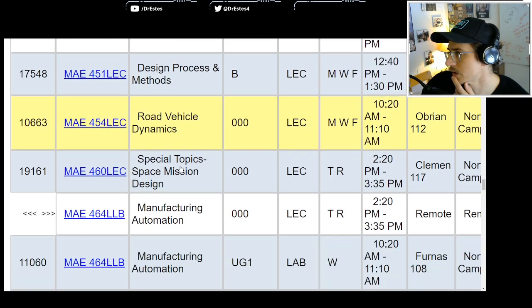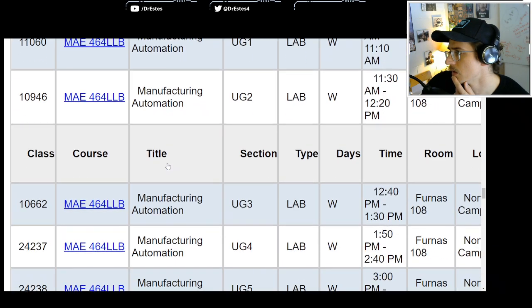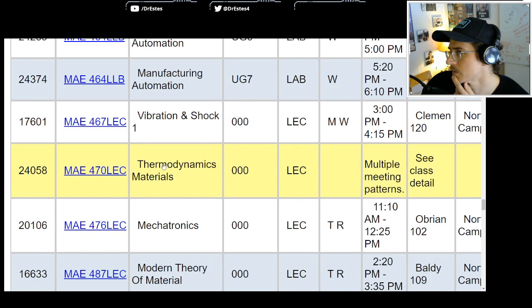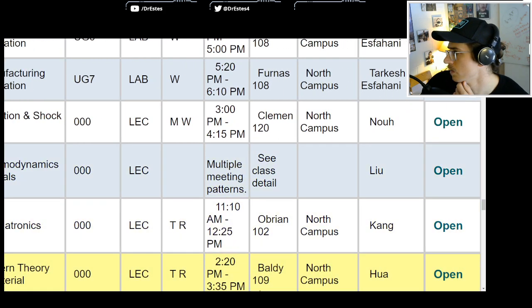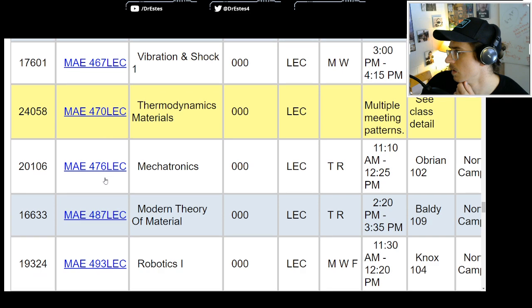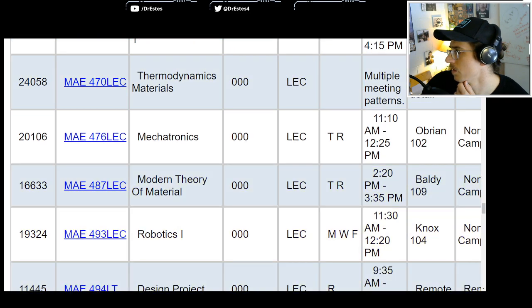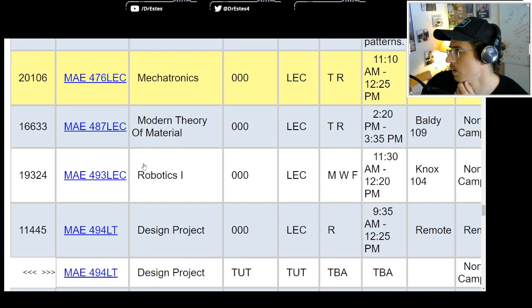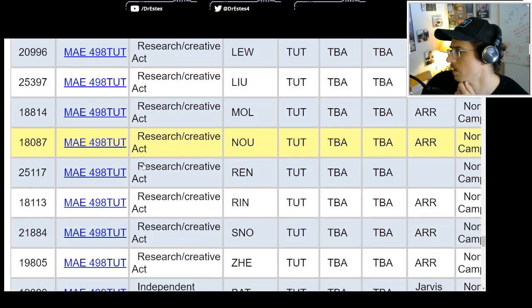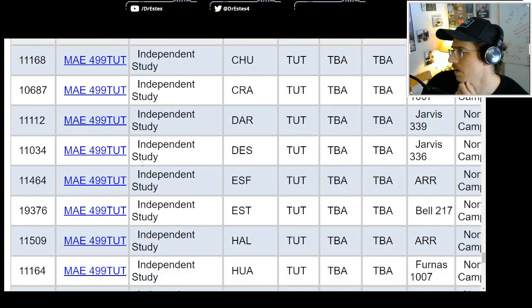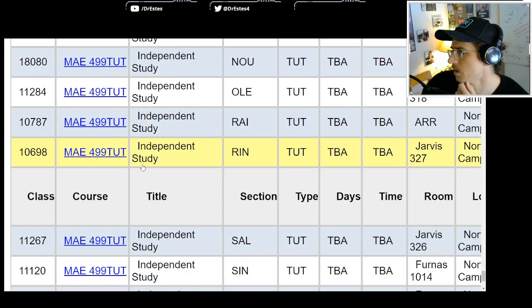Road vehicle dynamics. Let's see, materials. Thermodynamics. Modern theory of materials. I think the class that Armstrong teaches is in the spring.